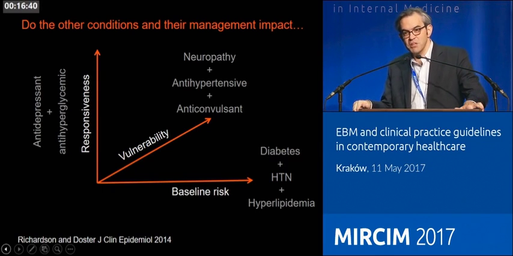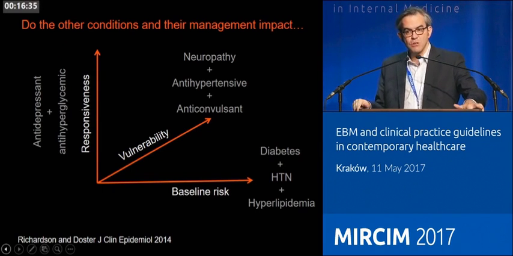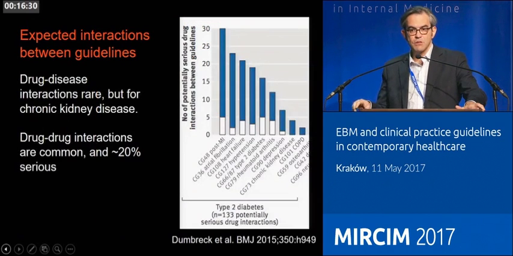So you can see that the combination of comorbidities and treatments for the comorbidities renders the patient vulnerable to falls. So comorbidities and multimorbidity cannot be ignored for adequate treatment.